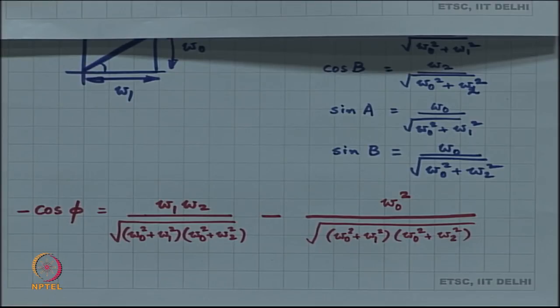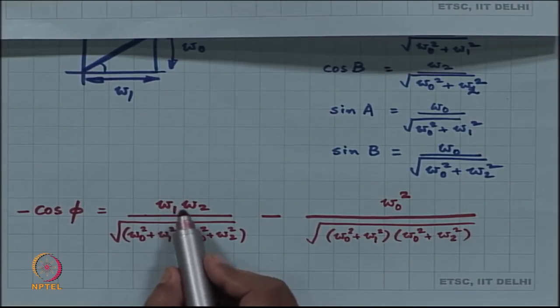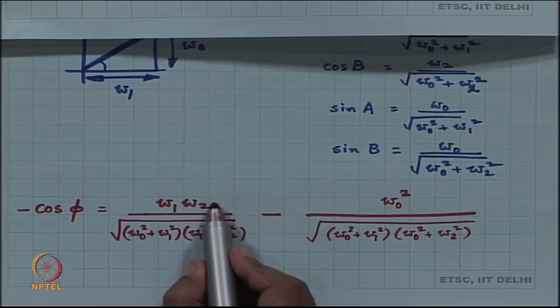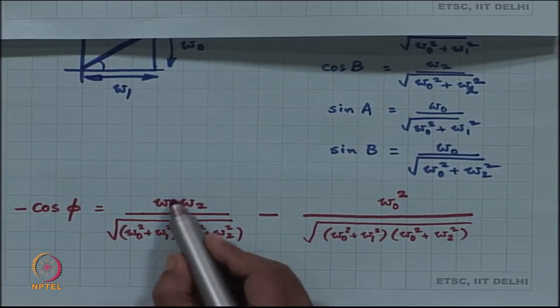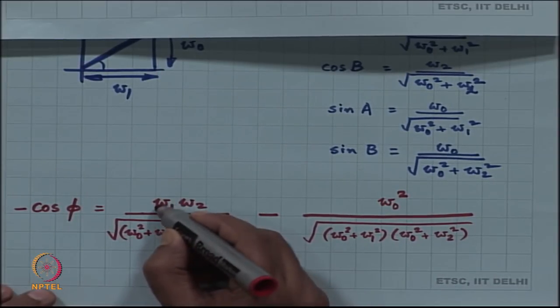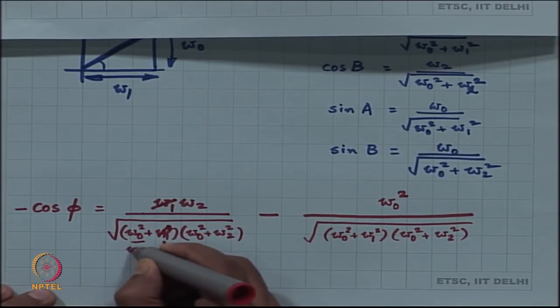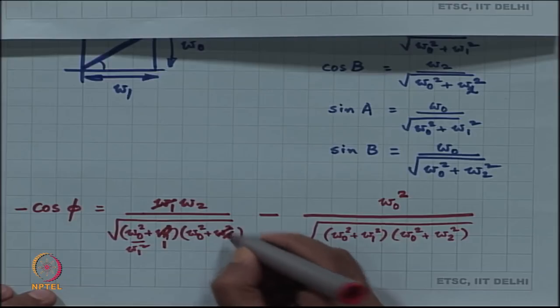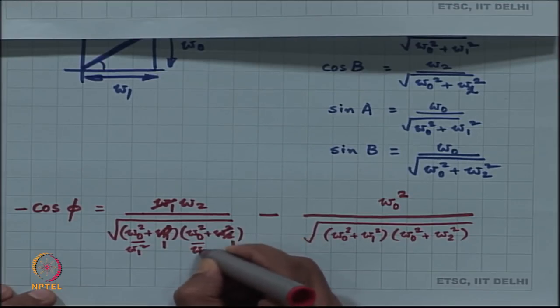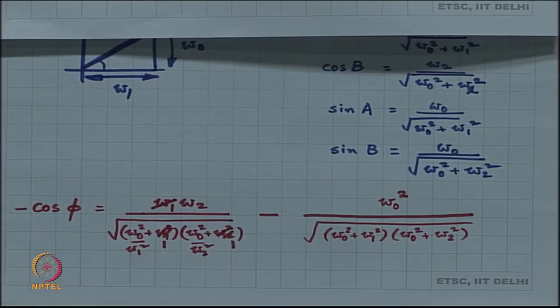And now the magic is going to happen. Look at this, omega 1 omega 2, let's divide the denominator by omega 1, this becomes a 1, I get omega 1 squared, this becomes a 1, I get omega 2 squared. Fine.